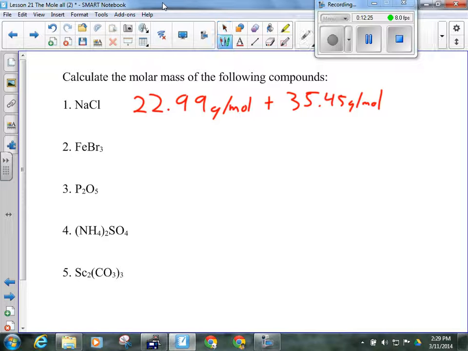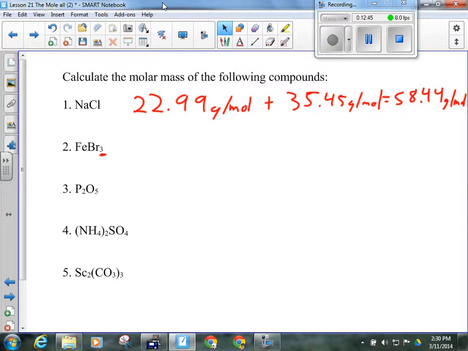Our units for molar mass are always grams per mole. These little subscript numbers are important. They essentially tell you how much to multiply the molar mass by when you're adding them all up.